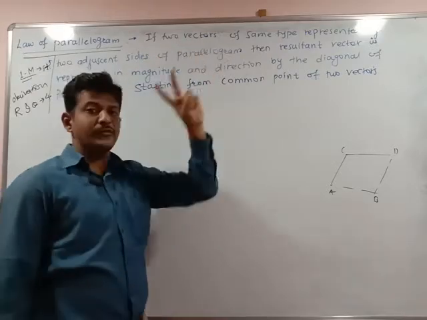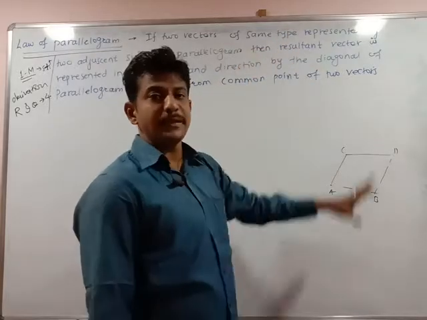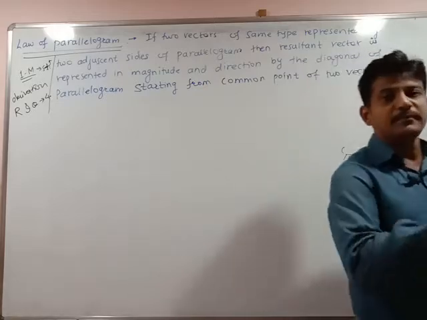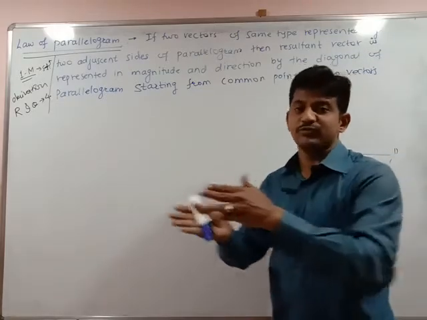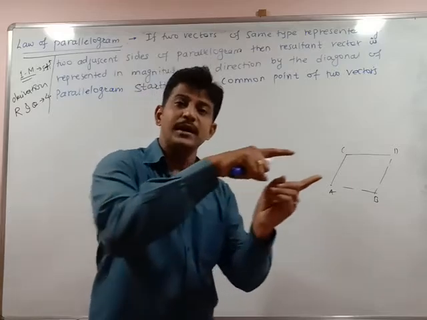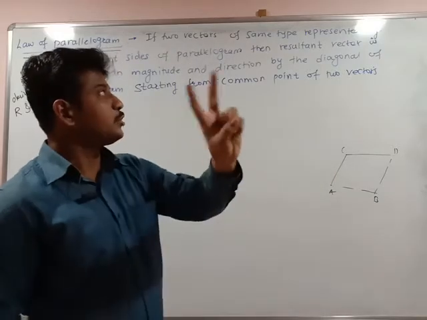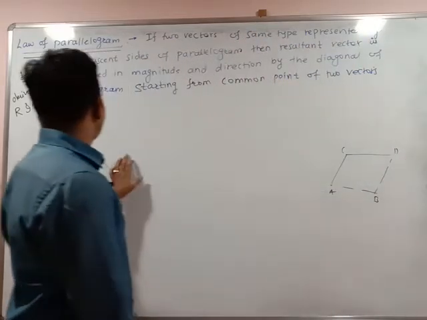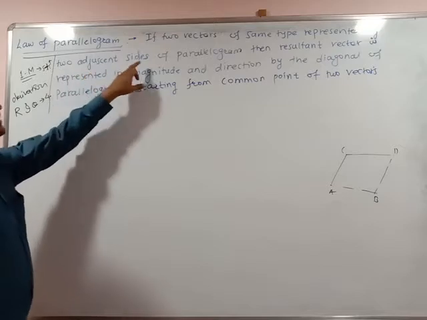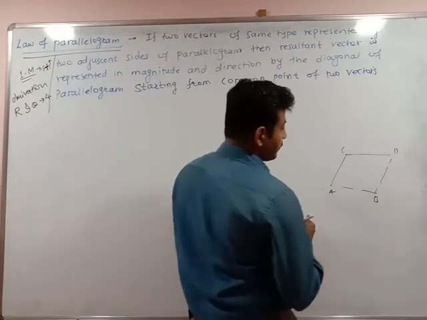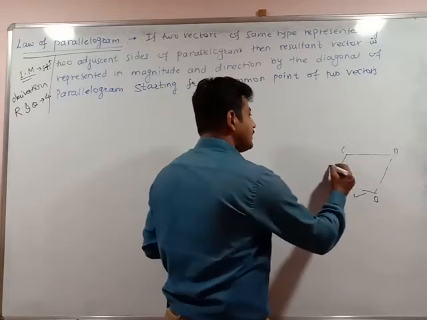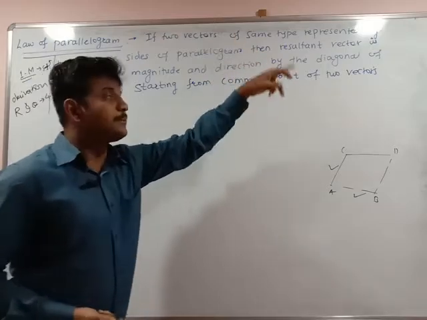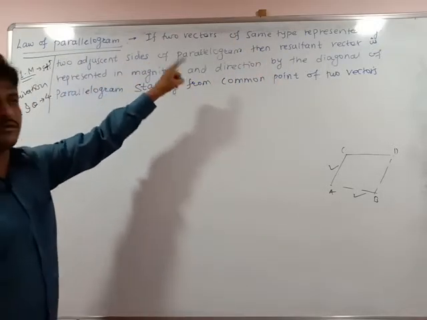If we are having two vectors of the same type, meaning both are moving in the xy plane with the same magnitude, and these vectors are represented by two adjacent sides of a parallelogram, so this may be one side of the parallelogram and this may be the second side of the parallelogram.